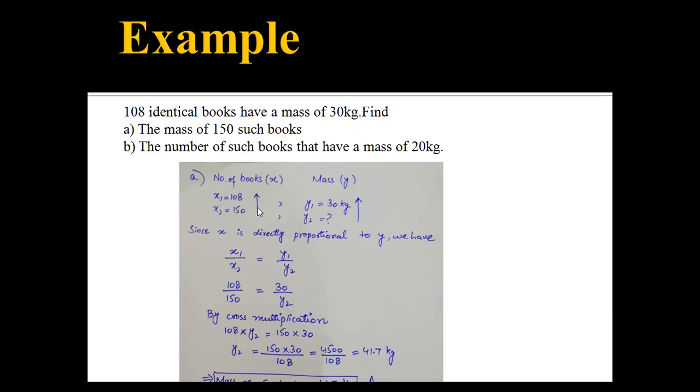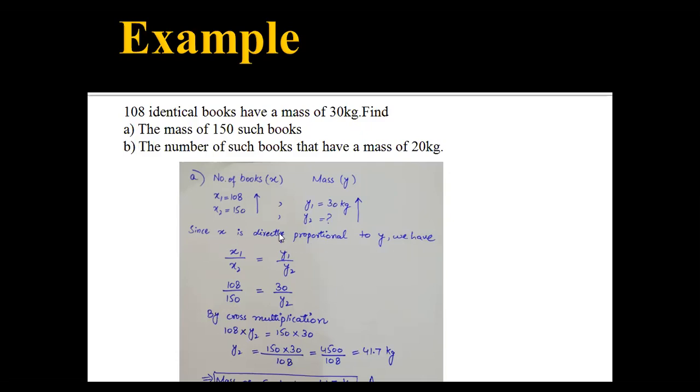Now let's see what type of proportion is involved over here. When the number of books is increasing from 108 to 150, we can see that the mass of the books will also increase. So the proportion involved over here is direct proportion.